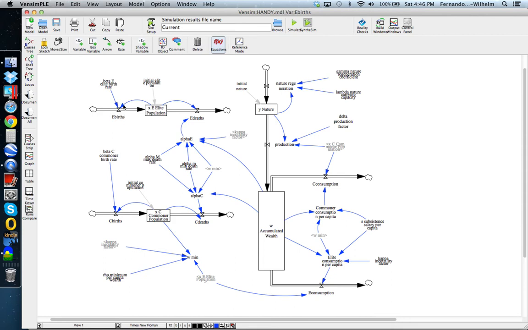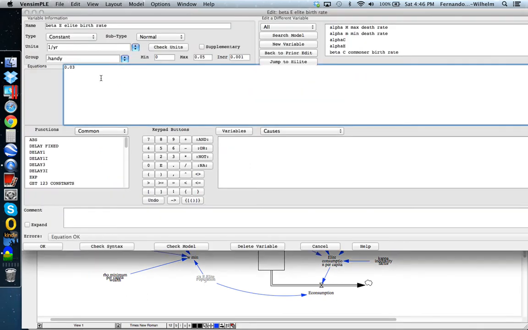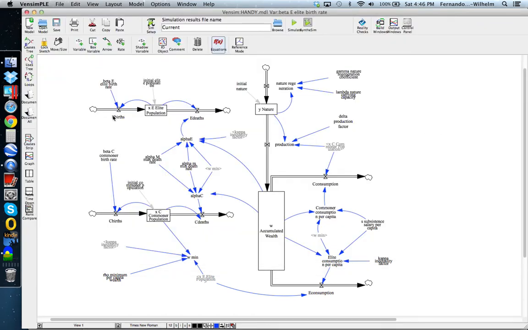The beta E here is a parameter that's externally specified, and at this point I have a default value, the one that we discussed in the lecture, 0.03 per year. So these are essentially elite population born per year per unit elite population. That's how the births are constructed.